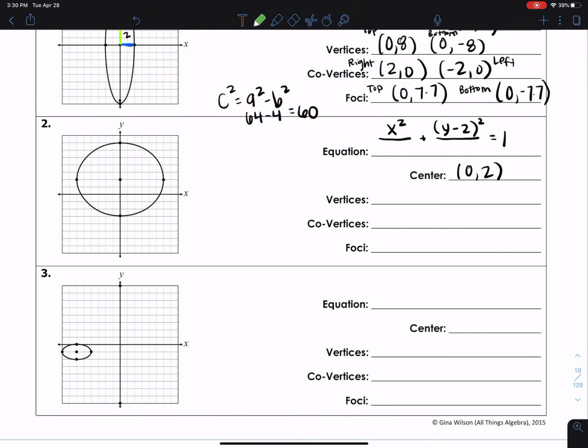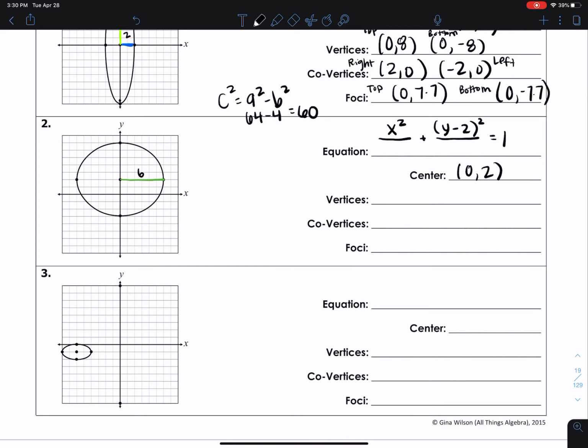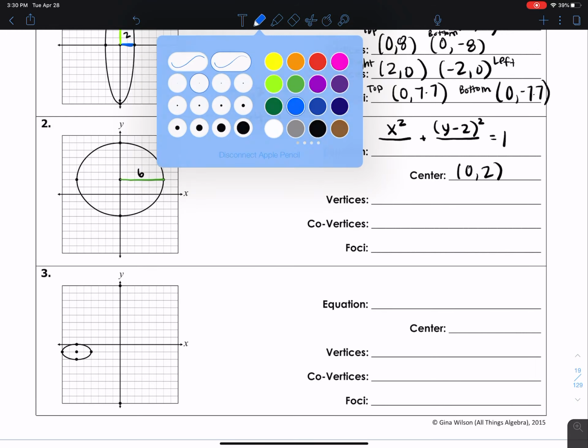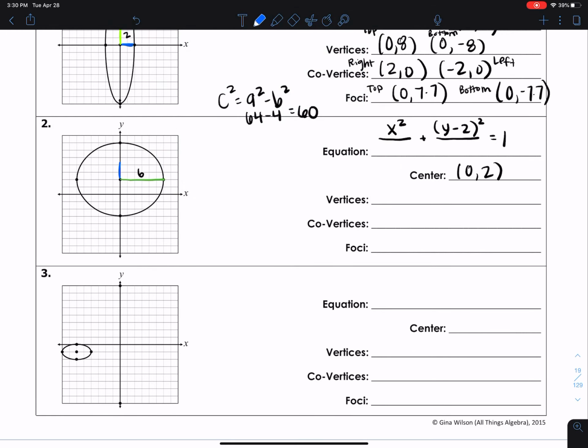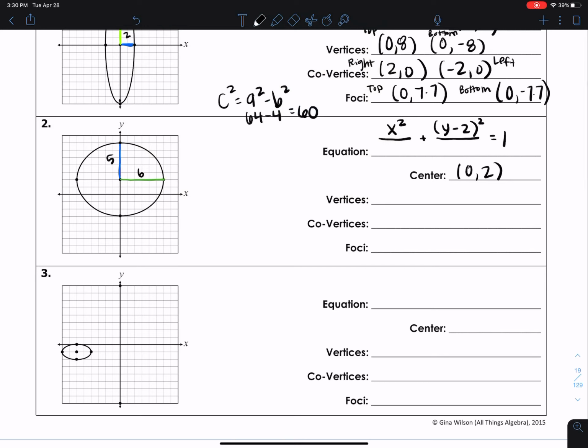So this one is 1, 2, 3, 4, 5, 6. So this one is 6. And then this one, 1, 2, 3, 4, 5. This is 5. So this is a horizontal ellipse because it's longer horizontally.